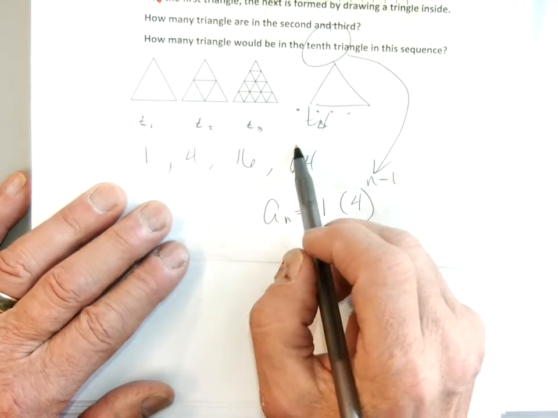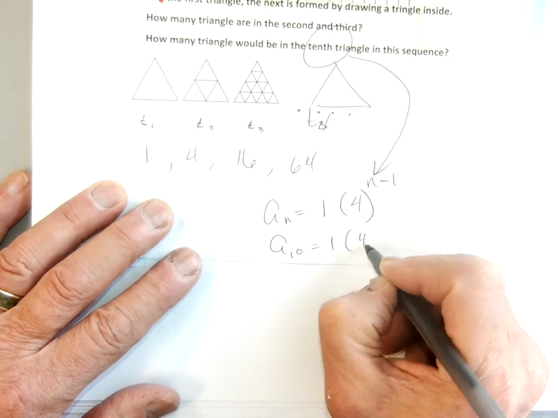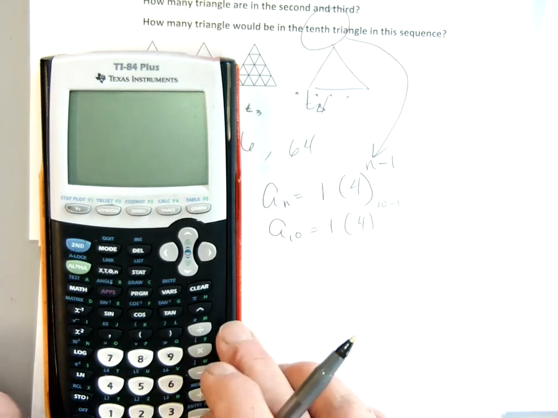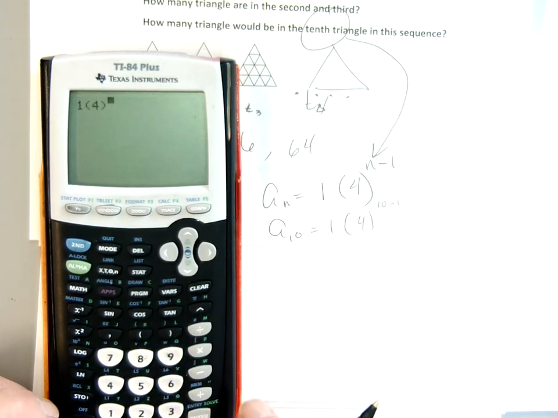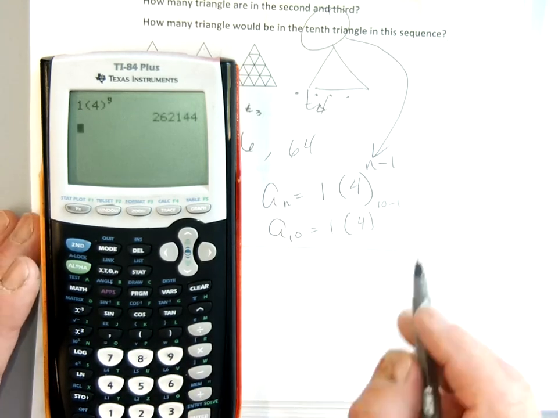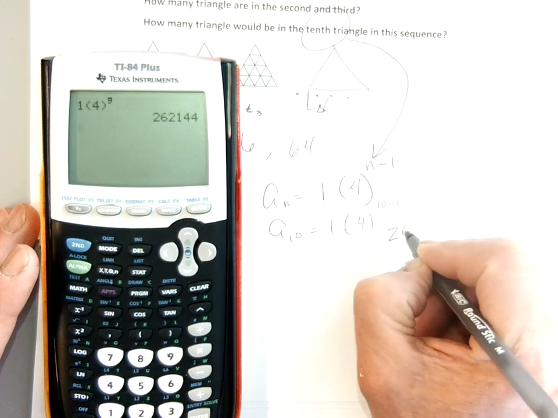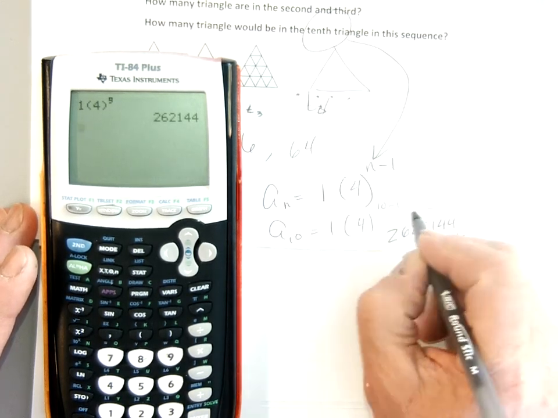Because this is faster, much faster. All right, so I'm going to go, let's see, clear. I'm going to go 1 times 4 to the, how about 9th power, save myself a step. So the 10th one would have 262,144 triangles.